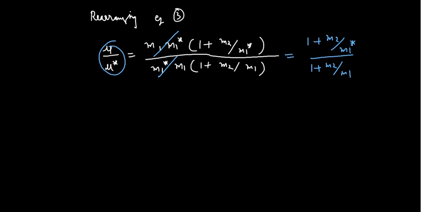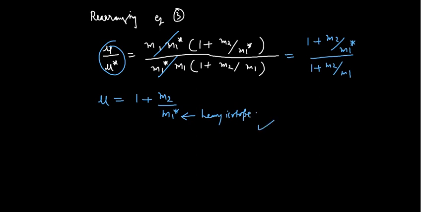Now first of all you see one very important thing. Say I am taking mu, which corresponds to this particular expression. So mu is proportional to 1 plus M2 divided by M1 star, since M1 star is the heavy isotope.